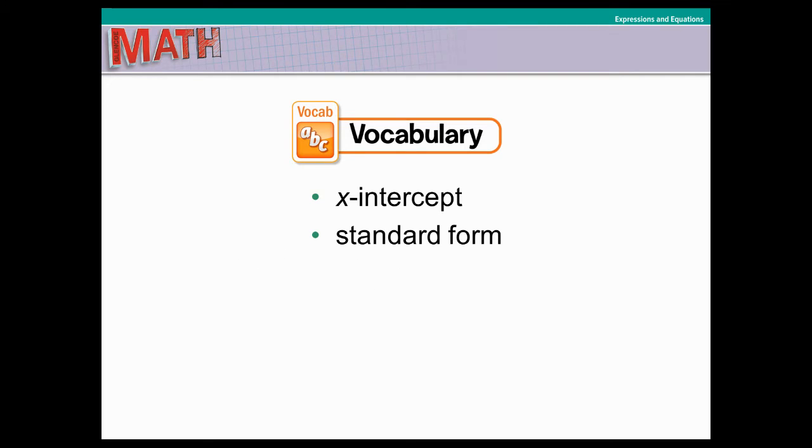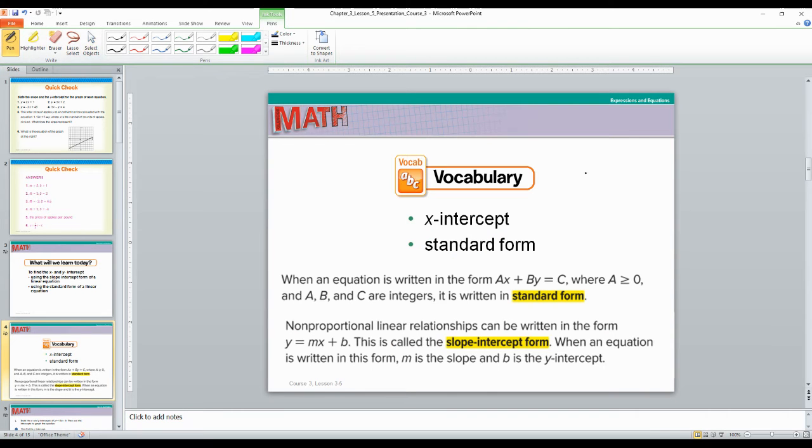In the vocabulary, x-intercept, you know what that is. Here's where I have to break, give me a pen. There's your x and y axis. When I draw a line through there, this right here, let's grab red.